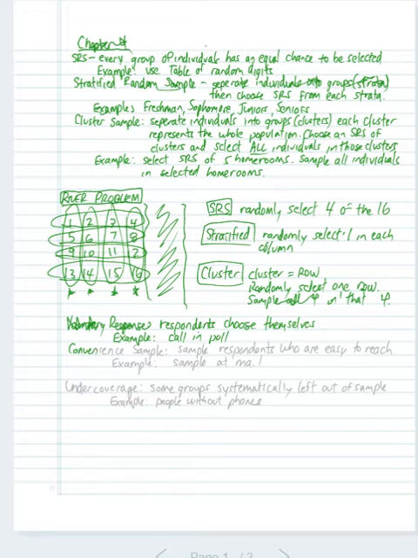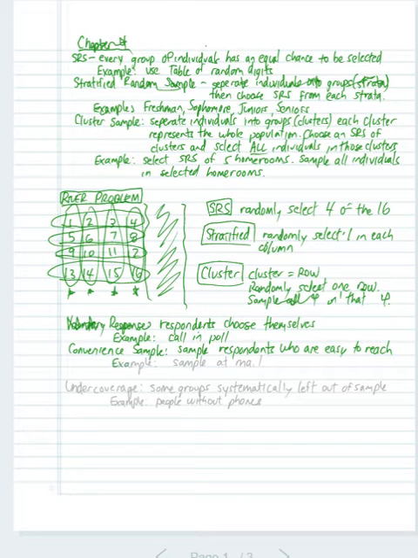So the next one we have there is a convenience sample. And for my definition on that one, I wrote sample respondents who are easy to reach.